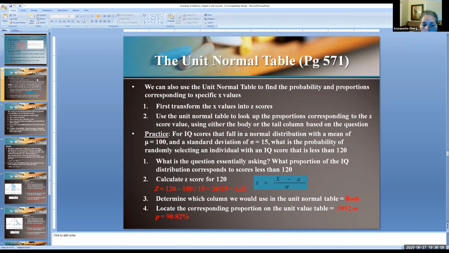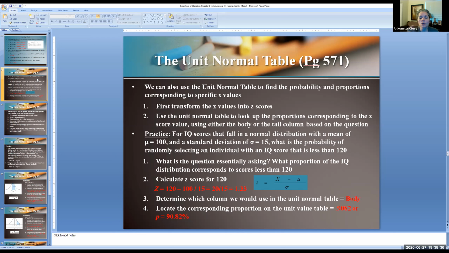Okay, so as I mentioned, not only can we use the unit normal table to help us figure out the percentage that corresponds to a z-score, we can also use it to help us figure out a z-score that corresponds to a percentage. But at the same time, because we know z-scores can be tied back to x values, we can also find the percentage that corresponds to any x value as well.